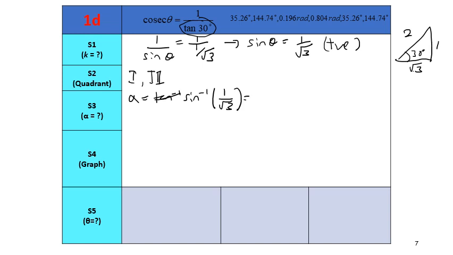Remember to check the mode. Make sure the mode is in degree if you want to find the angle in degree, so in degree it is 35.26.